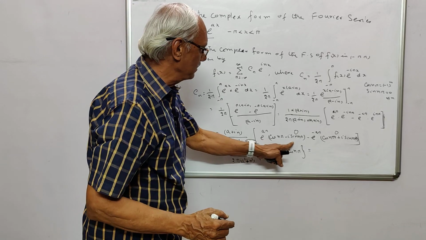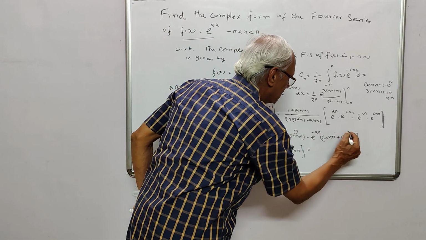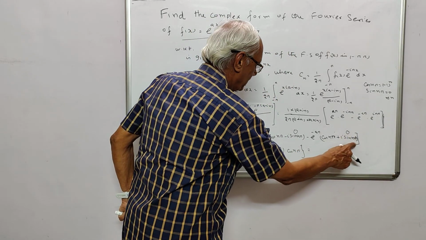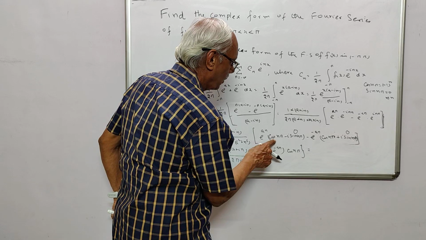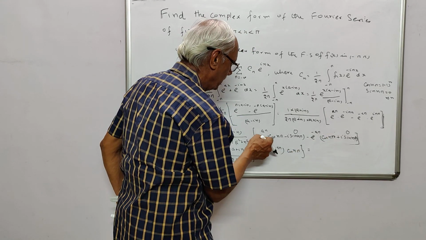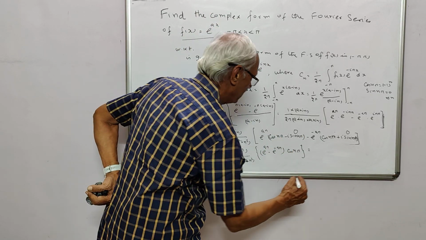So you see that this becomes 0 and this is also 0, because sin n pi is 0. Here you get what? Cos n pi. Here also cos n pi. You take that outside, e to the power of a pi minus e to the power of minus a pi.